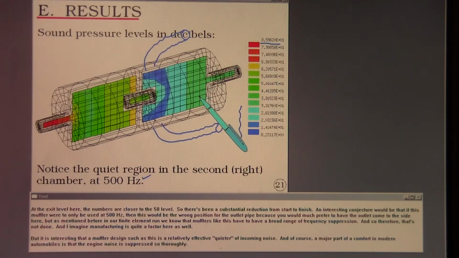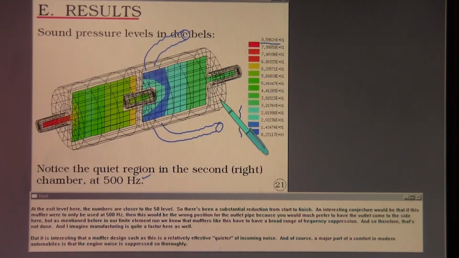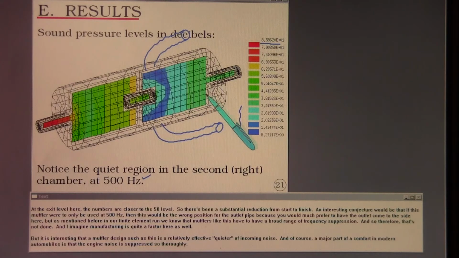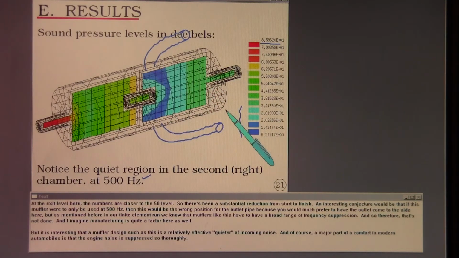And so therefore that's not done. And I imagine manufacturing is quite a factor here as well. But it is interesting that the muffler design such as this is a relatively effective quieter of incoming noise. And of course, a major part of the comfort in modern automobiles is that the engine noise is suppressed so thoroughly.